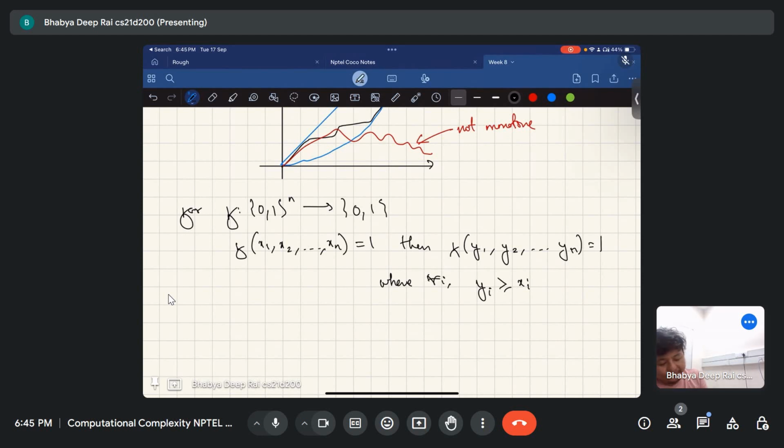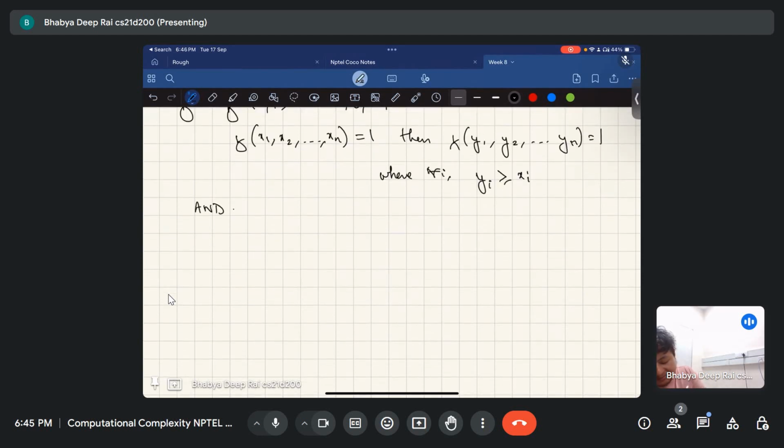I'll give a simple example first. Suppose f is monotone and f of 0 1 0 1 1 equals 1.